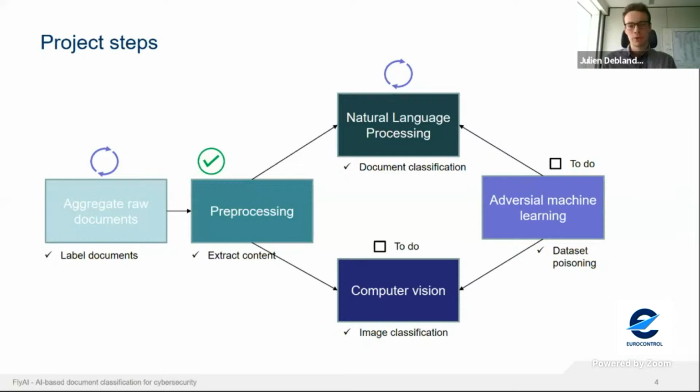This will serve for our natural language processing application, where we want, as Patrick said, to detect if a document is related to aviation or not, and also detect its level of sensitivity. In the future, we would like to build a computer vision algorithm in order to detect the images we found in leaked documents or in leaked folders.